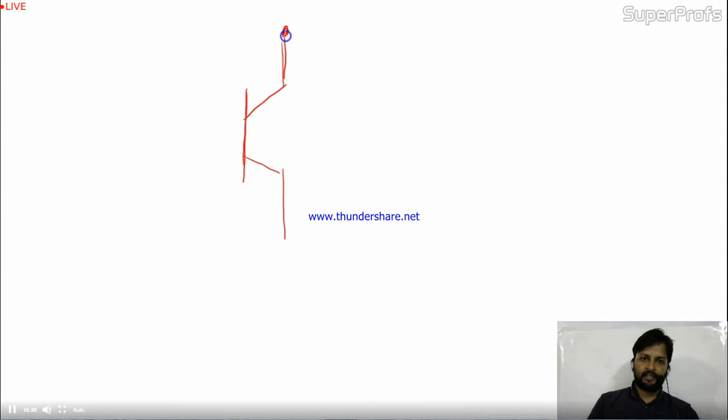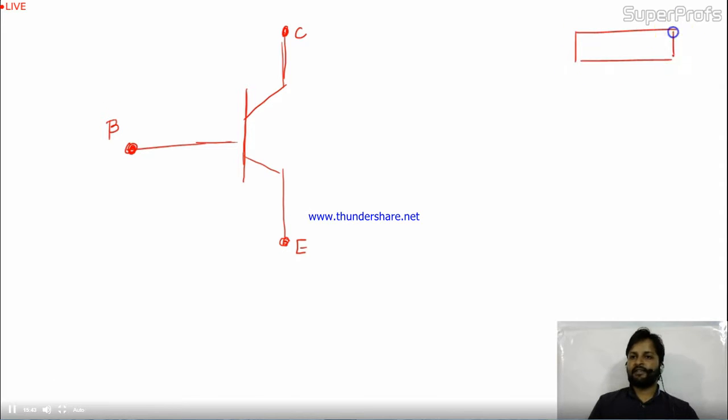This is the collector part, this is the emitter part, and this is the base part, okay? This is the symbol of the transistor, and the actual transistor is a 3-layer device and 3-terminal device, like this. This is the emitter, this is the base, and this is the collector.